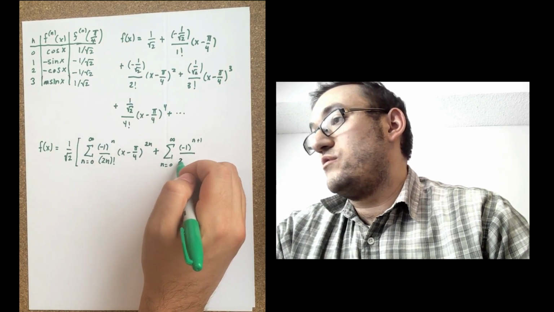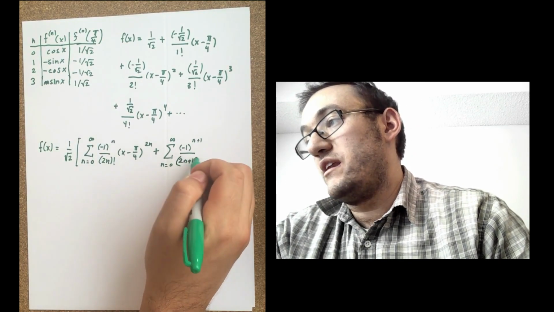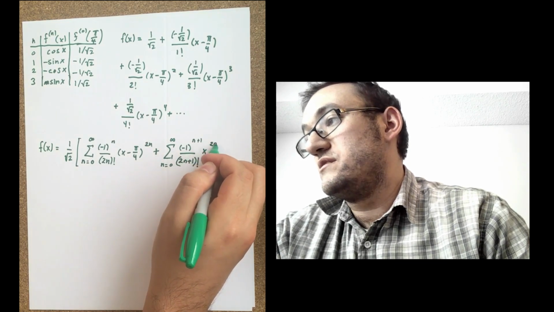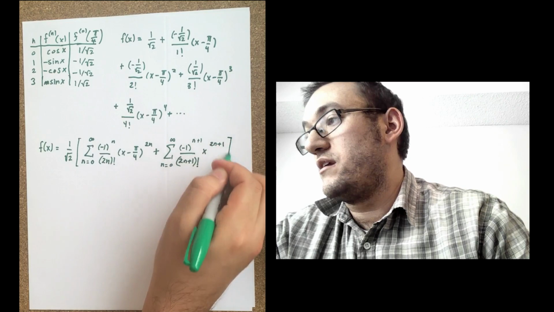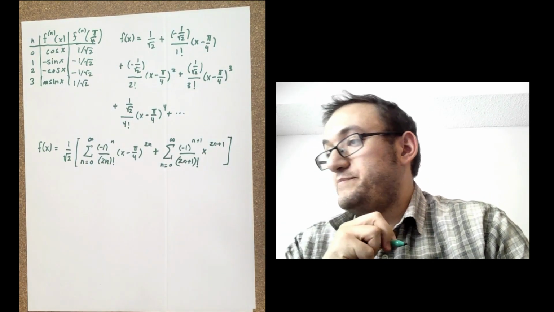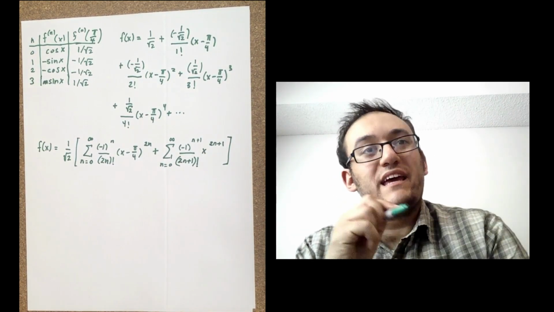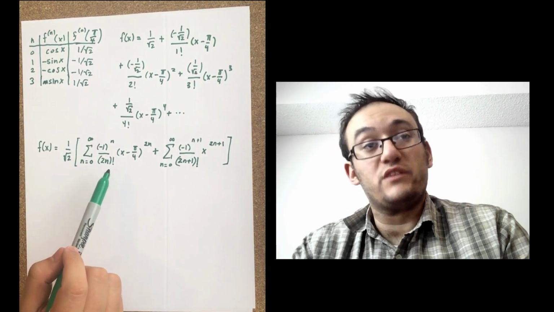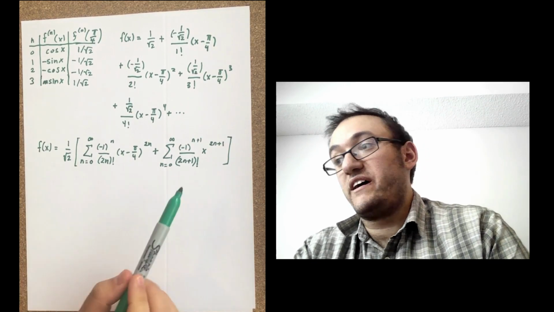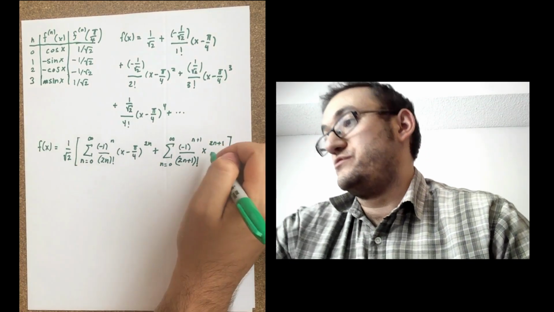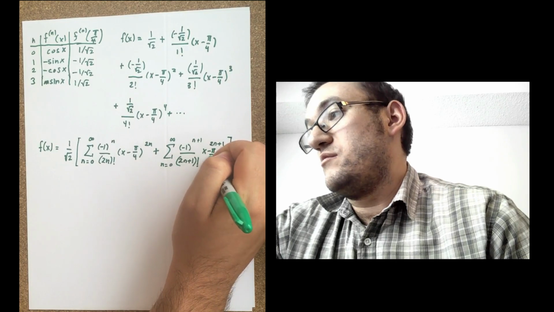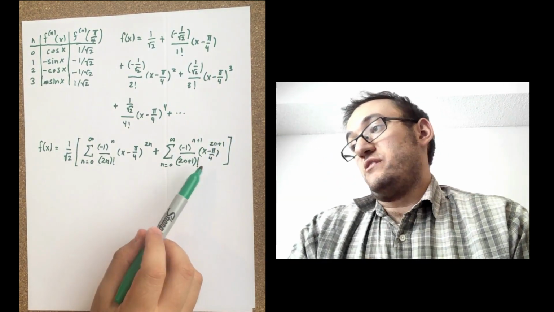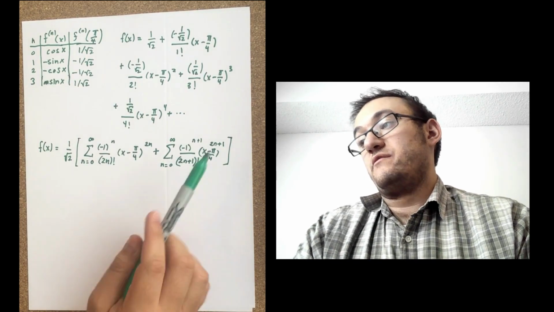And down here will be 2n plus 1 factorial times x minus pi over 4 to the 2n plus 1. Okay? So it looks kind of complicated, but really it's just splitting it up into two series. One's alternating with even powers and even factorials, and this one is alternating with odd factorials and odd powers.